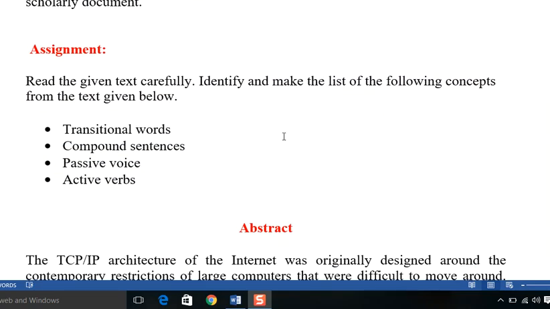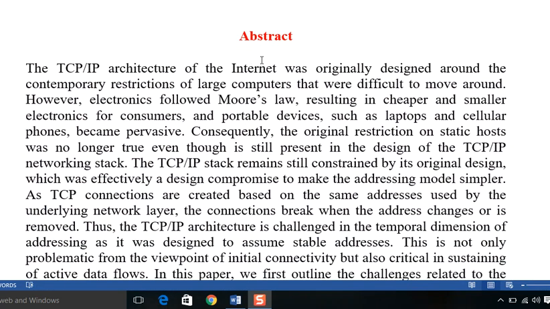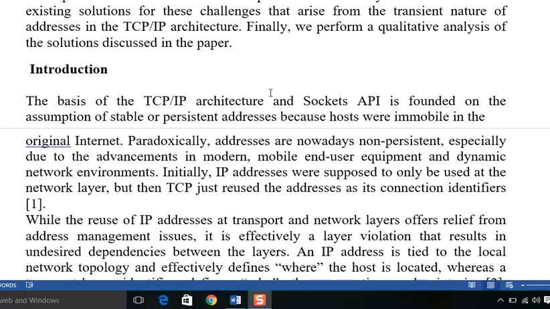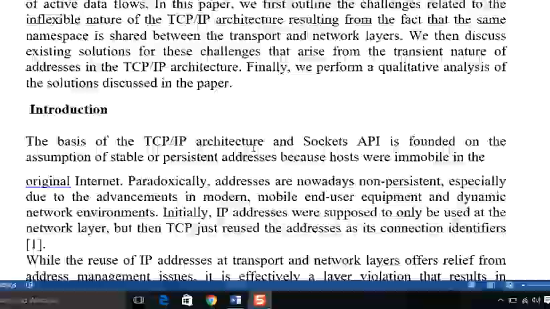Assignment. Dear students, your assignment is that you have been given two readings. One is an abstract of a report, and the second reading is the introduction section of the same report.